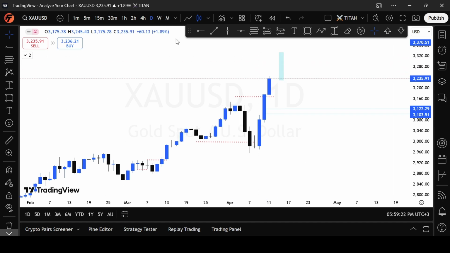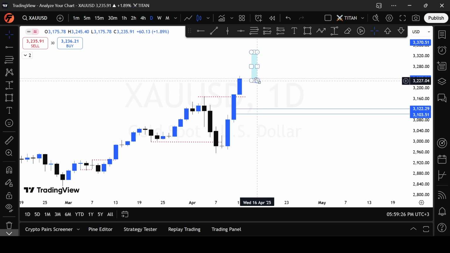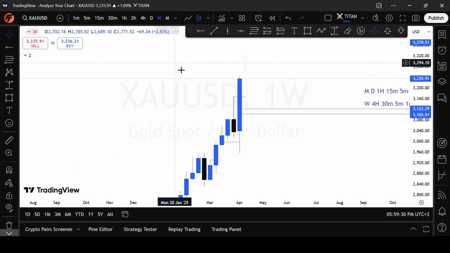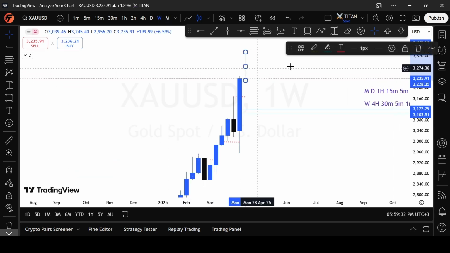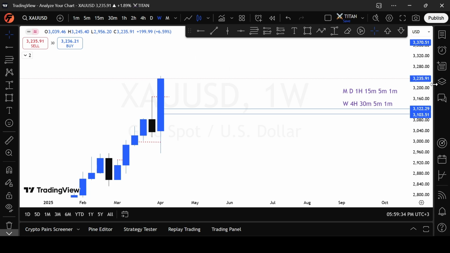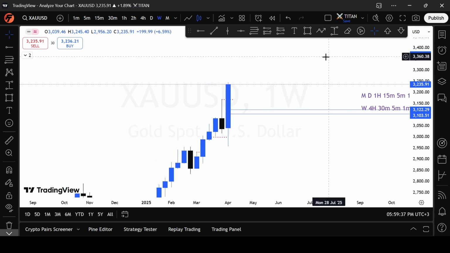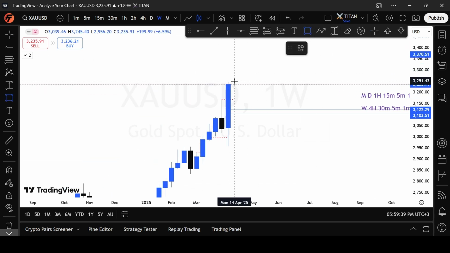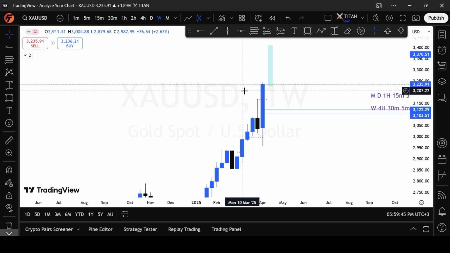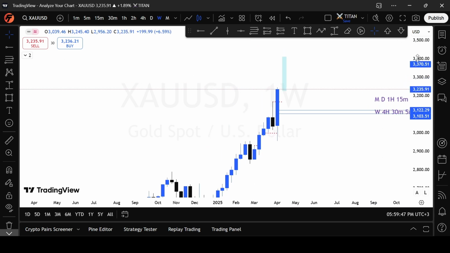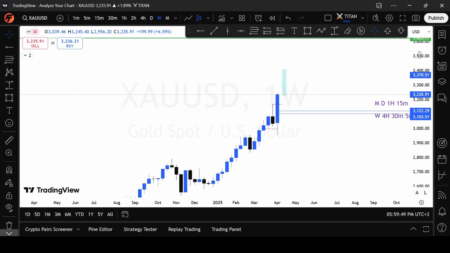Looking at the price action, from the analysis that we have made, we expect that the next weekly candle is also going to be bullish. Okay, that's one.